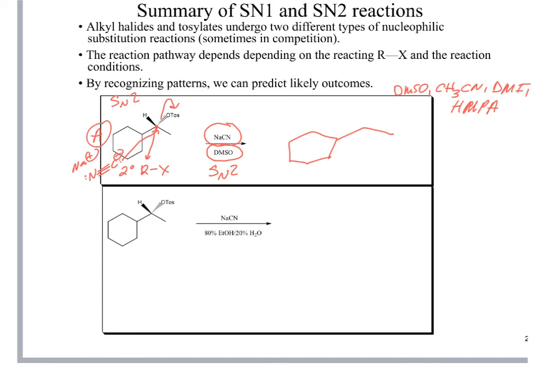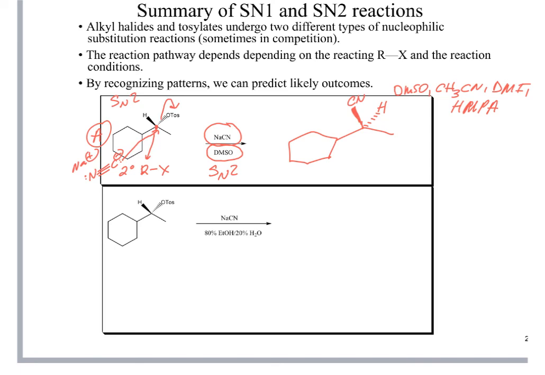Tosylate will be expelled, leading to hydrogen being pushed toward the back, and my nucleophile coming out in the front. So predicting the product is easy once you find and recognize the pattern, and then recognize the reaction conditions.